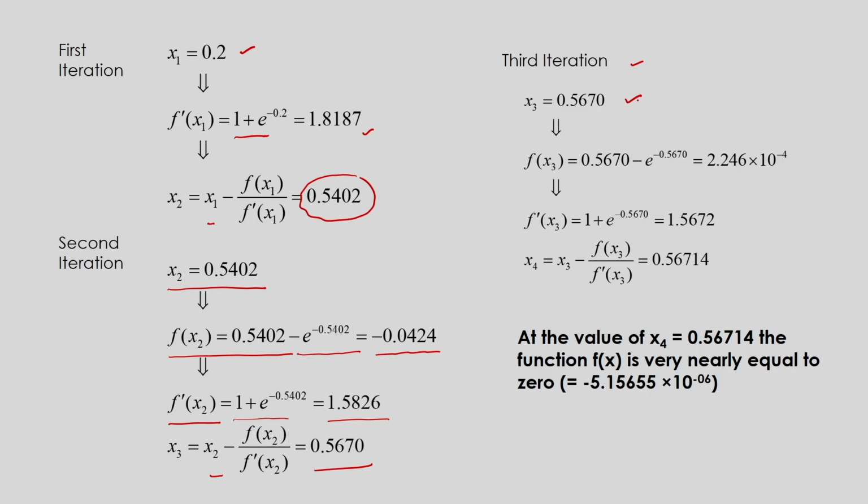Now see the third iteration, this x3 will be your first guess of the x value. So x3 is equal to 0.5670, the initial value of this third iteration, and then find f of x3, which will come as 2.246 into 10 to the power minus 4, and then the first derivative of this function at this x3 point will be 1 plus e to the power minus 0.5670, it is coming 1.5672.